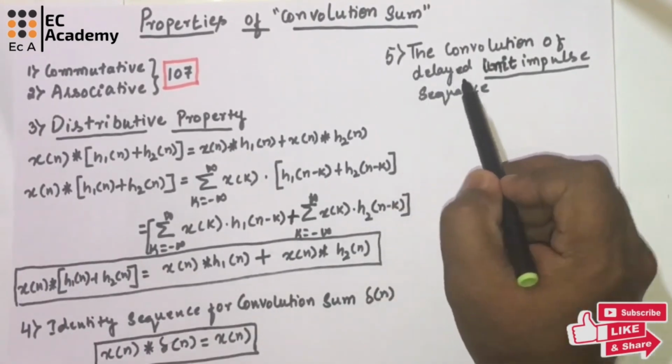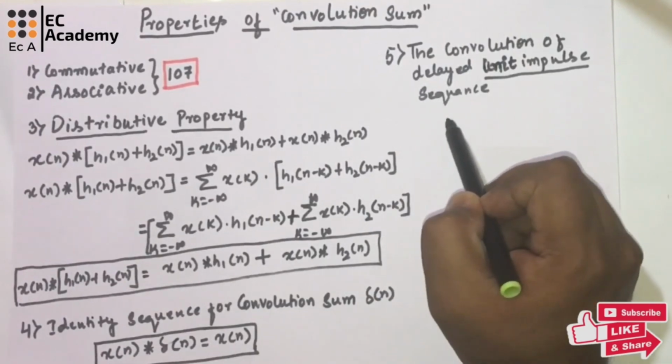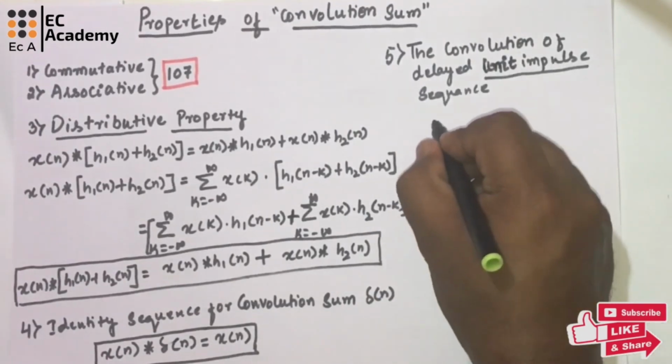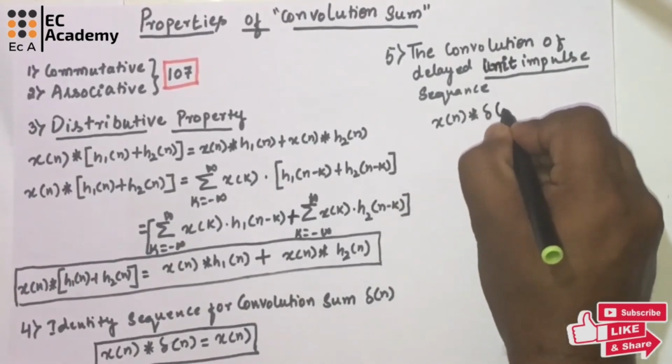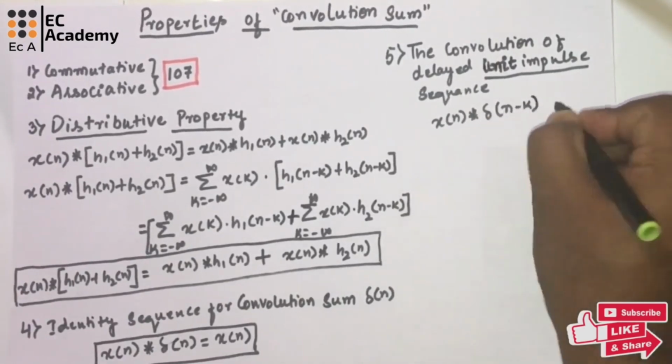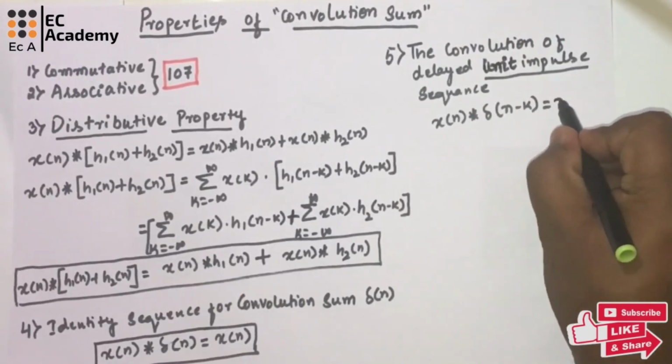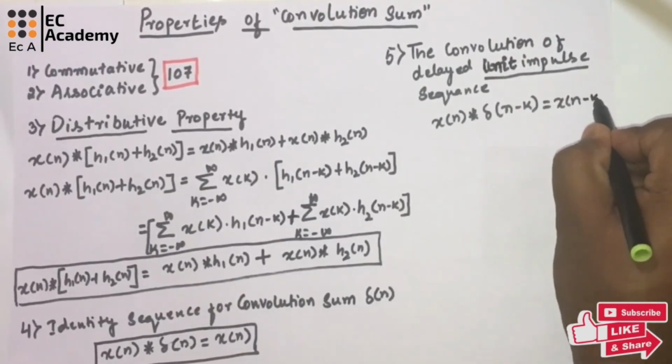Now let us see the next property. The convolution of delayed unit impulse sequence can be given as x of n convoluted with delta of n minus k will be equal to x of n minus k.